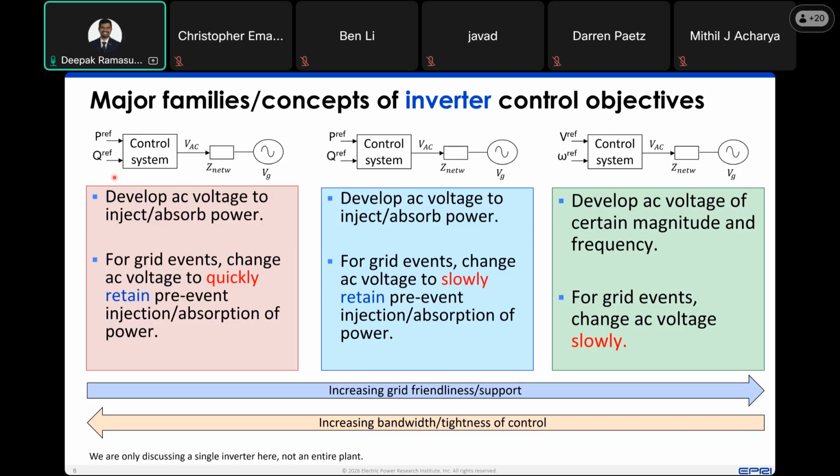And we have a slack bus where voltage and angle are kept constant. And we have a PV bus where active power and voltage are kept constant. So let's think about the PQ bus and the slack bus.